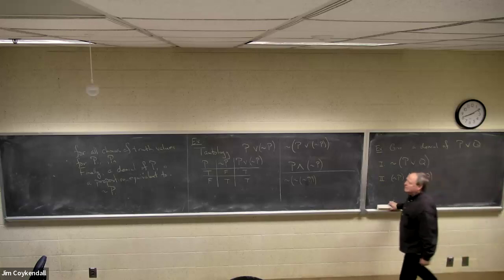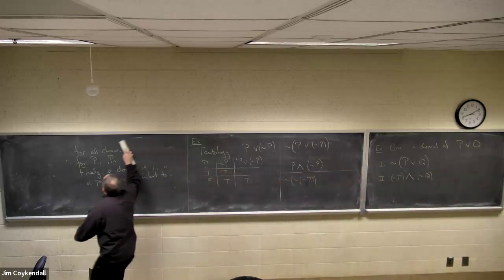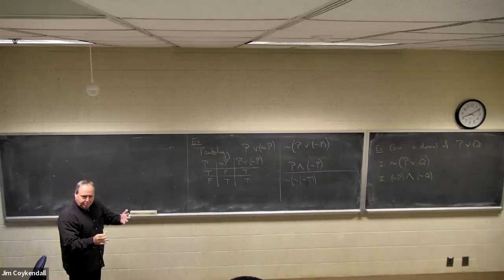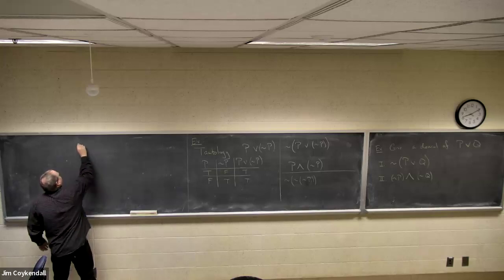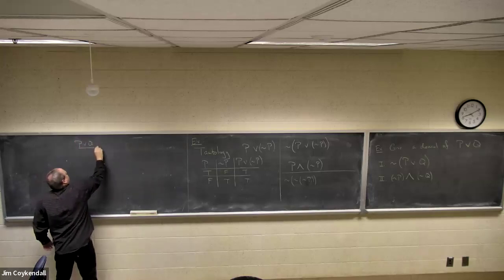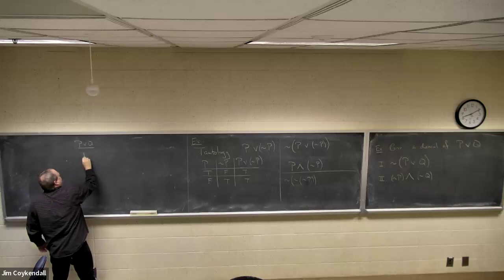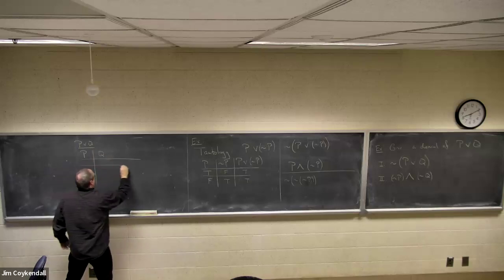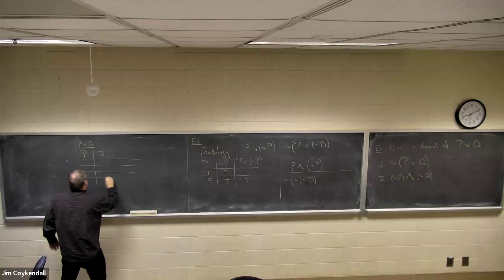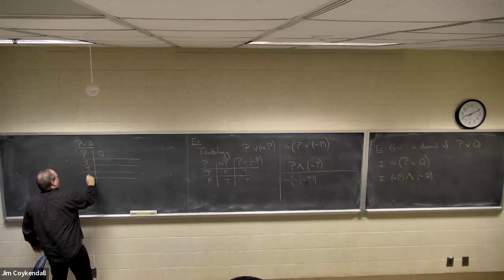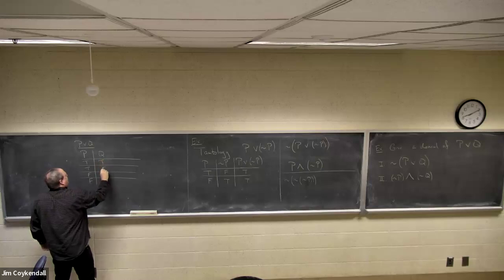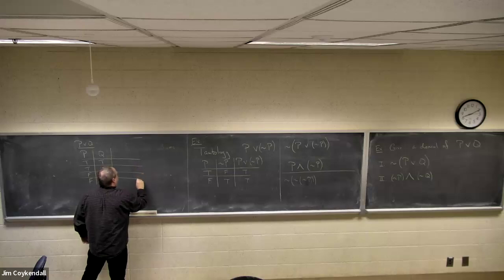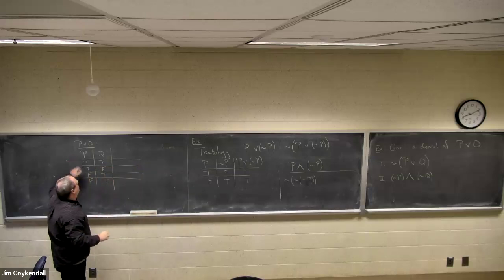Let's check this. Okay, let's look at the truth table for just P or Q first. I guess I'm going to need four rows here: true, true, false, false for P, and true, false, true, false for Q. Now let's see what P or Q is.